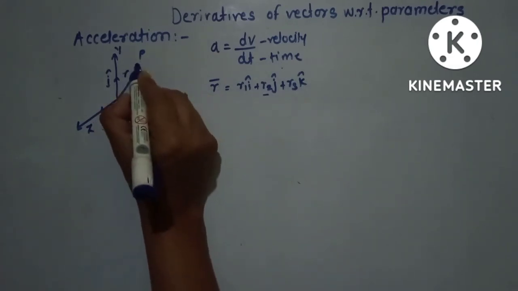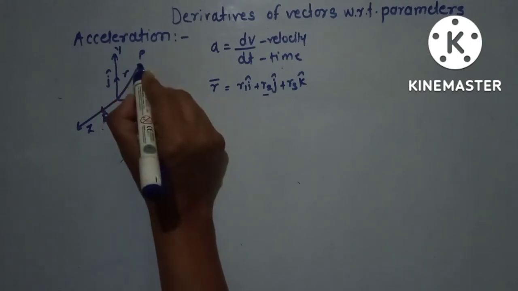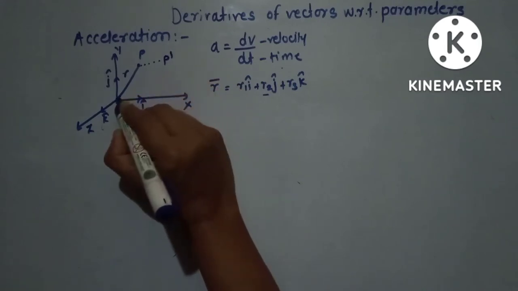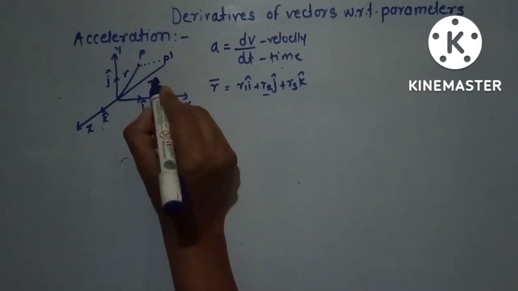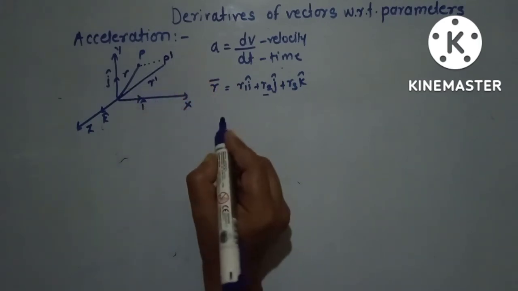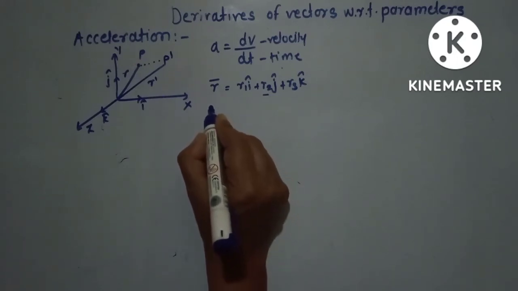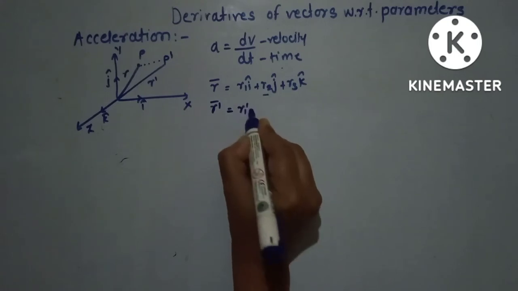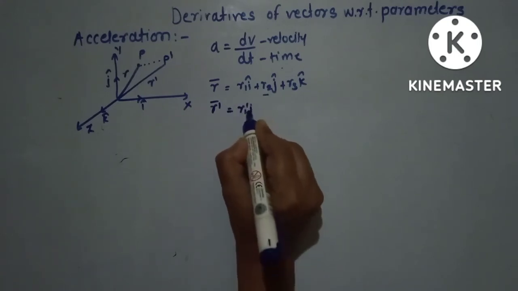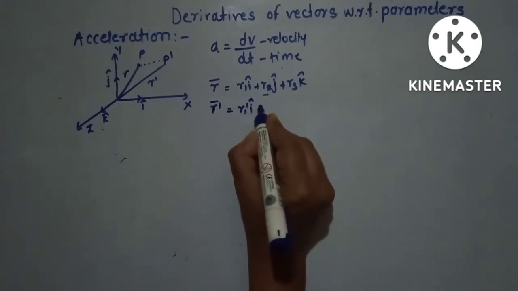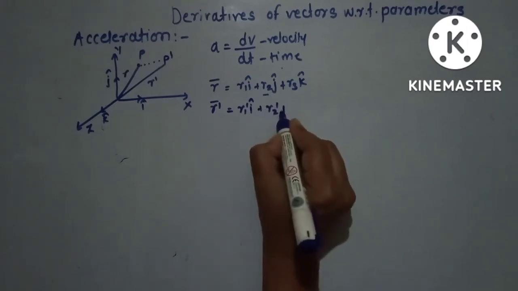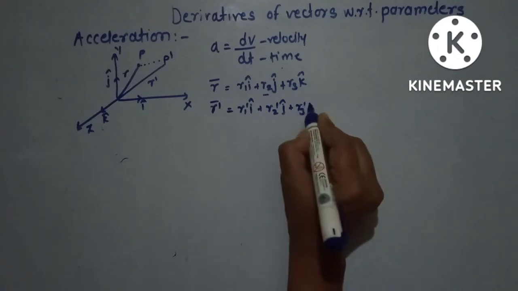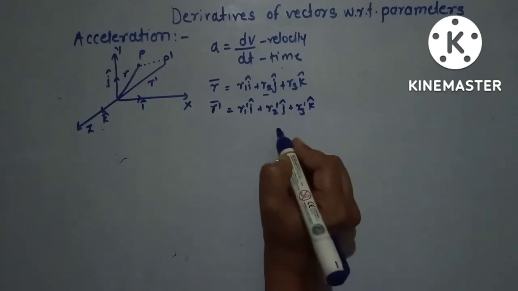Similarly, suppose this point P has moved some distance to P dash, and the position vector is r dash, with r1 dash, r2 dash, and r3 dash as the magnitudes along the x, y, and z axes.